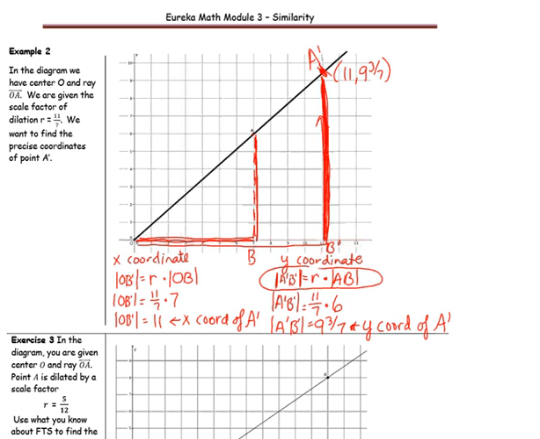The length of A prime B prime is equal to the scale factor times the length of AB. So then we went over here and we counted the length of AB to be 6. Multiply it by your scale factor and get your answer for your y coordinate. Then write your A prime coordinates as an ordered pair, and that is the precise coordinates of A prime.